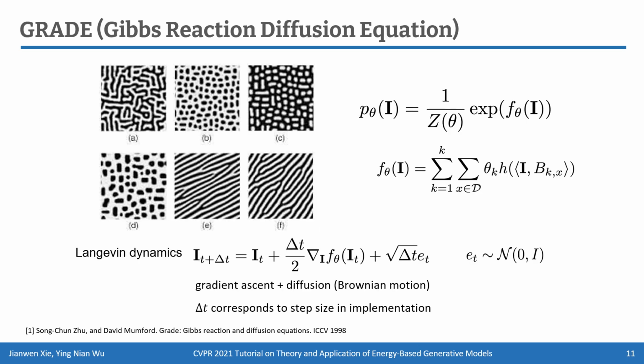The gradient-based model tries to learn the FRAME model by using Langevin sampling for texture synthesis. The Langevin dynamics is a gradient-based MCMC method, which consists of a gradient ascent term and a diffusion term.